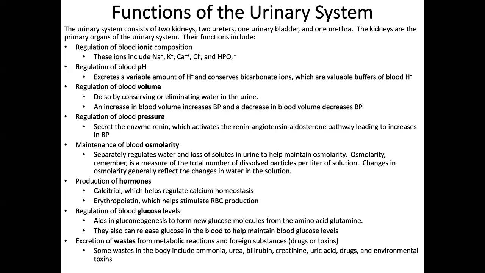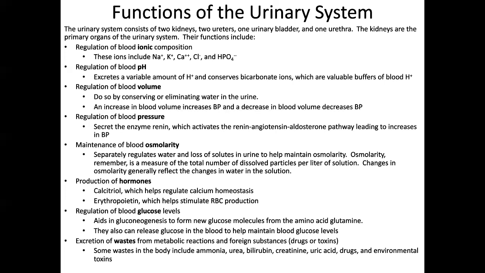And if we remember back just a couple weeks ago when we talked about blood, we learned about half of your blood is just strictly water. So by either peeing out more or less water, that's going to affect your blood volume. And as that occurs, and we've talked about this before, any increase in blood volume is going to trigger an increase in blood pressure, whereas a decrease in blood volume decreases blood pressure, which helps me transition to the next function.